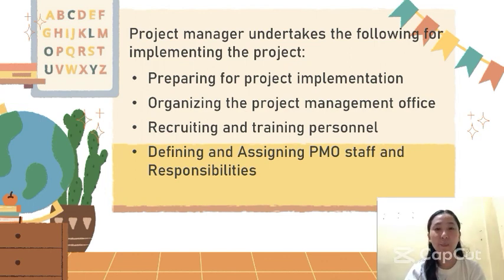Defining and assigning PMO staff responsibilities states that the functions and responsibilities of each staff should be clearly defined in order to make wise decisions and to function well. This explains that when we address the proper job of our staff, they can perform better when they know what you expect from them, and those expectations are clearly defined by outlining the things an organization requires.